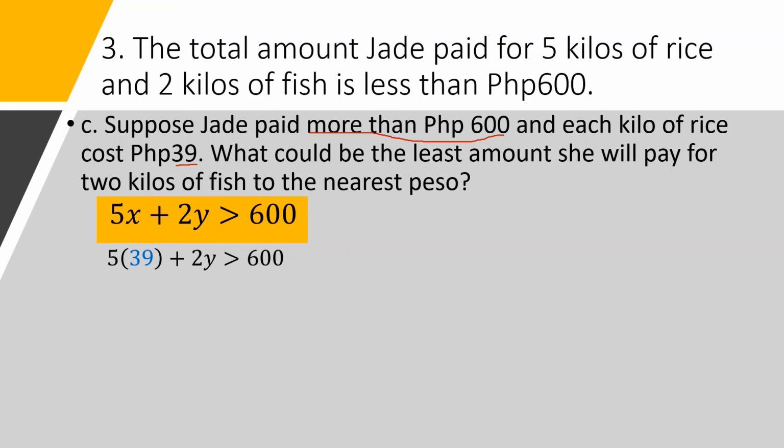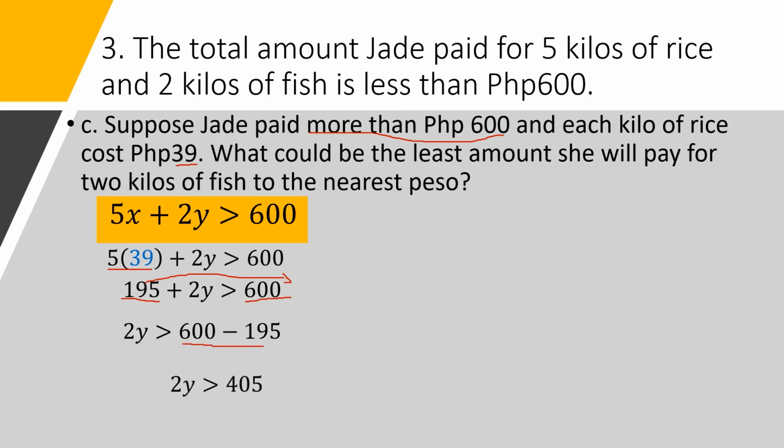So simplifying 5 and 39 by multiplication, so we have there 195. Then combine 195 and 600. So ililipat natin yung 195 to the other side of inequality. And it will give you 2y is greater than 600 minus 195. Then subtract 600 minus 195 will give you 405.